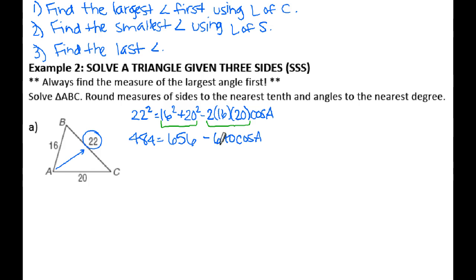Now please be careful, do not combine these two numbers because the 640 is attached to the cosine of A. Now we actually want to isolate the cosine of A, so I'm going to start shifting things around.